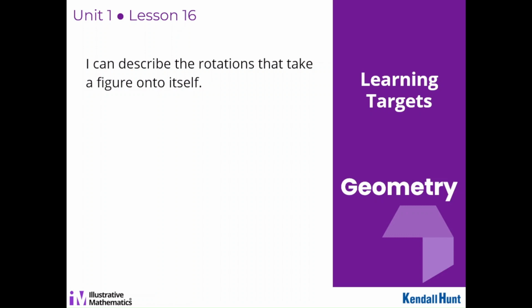So turning an equilateral triangle 120 degrees makes it look like it's the same, but takes one vertex to another. Taking a square and rotating it 90 degrees around the center, it'll still look like the same square, but the points won't be in the exact same spot. So that's what you need to be able to take away from this lesson.